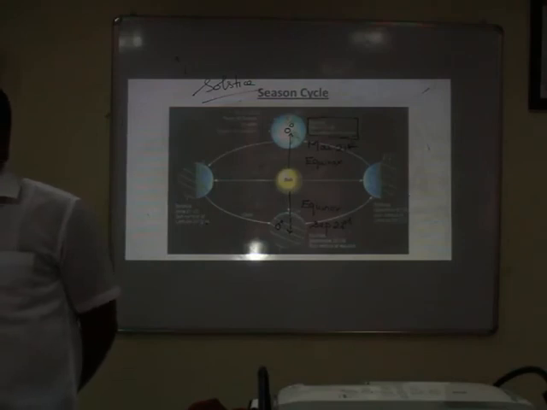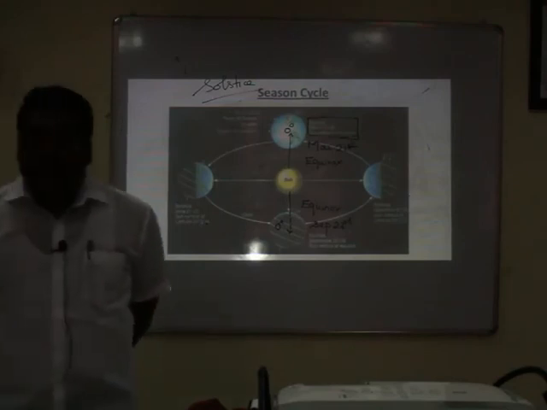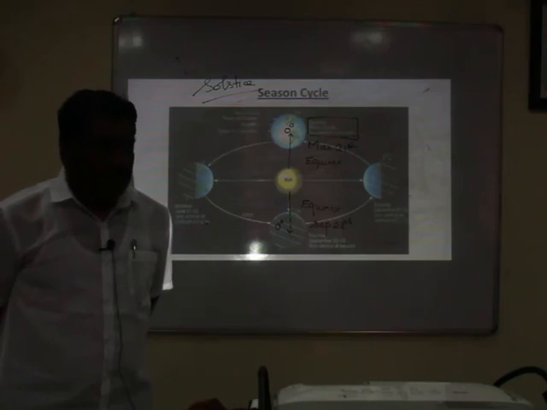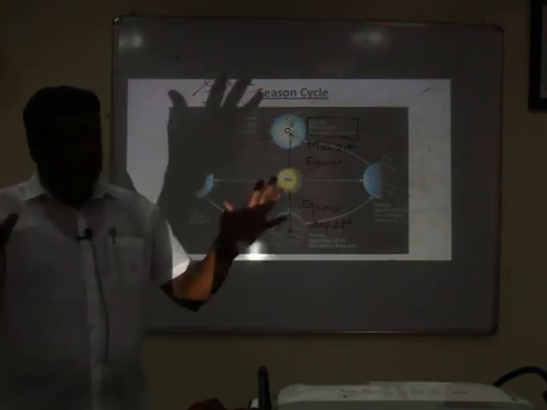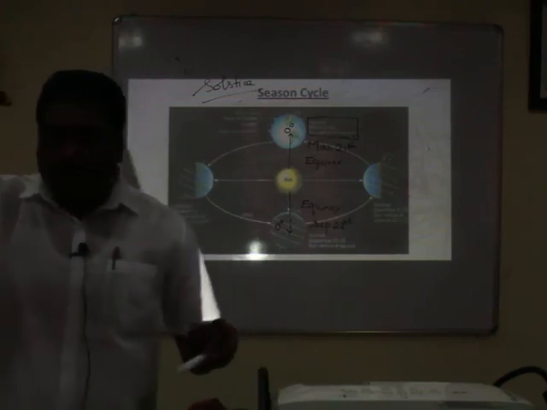See, when I say 24 hours of daylight, can I say on this day the sun will not set? Yes or no? Sun will set or not? Sun will not set. It means the sun will not go below the horizon.